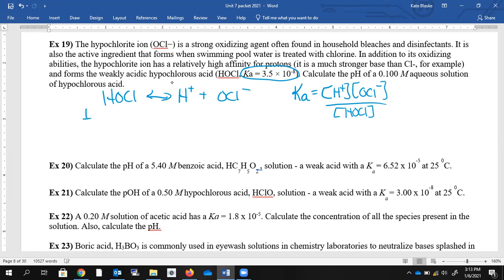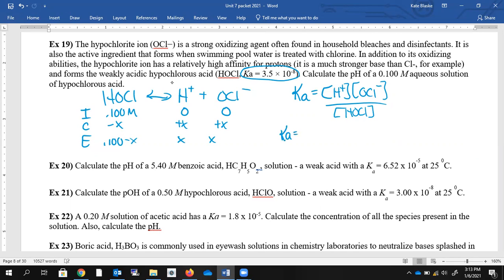Now we can set up our ice chart. Initially, we have a 0.100 molar solution of HOCl, and no H plus and no OCl minus. Then minus X, plus X, plus X, giving 0.1 minus X, X, and X for my equilibrium concentrations.